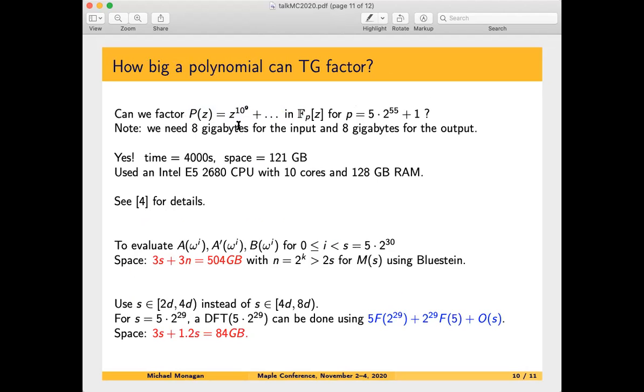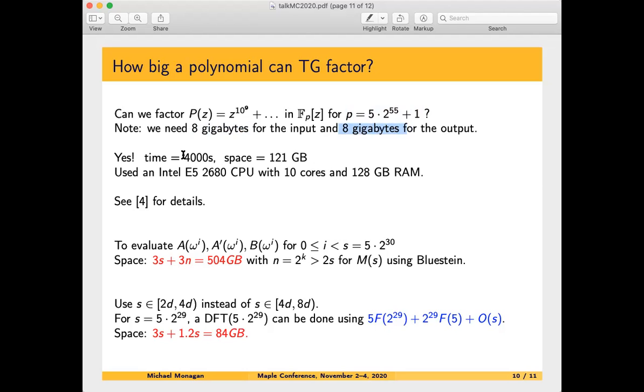And one of the difficulties is that it's going to need a lot of space. If we use 64-bit integers to represent the coefficients because of the size of the prime, 64 bits is 8 bytes. It's degree 1 billion. We will need 8 gigabytes just to store the input polynomial. We will need another 8 gigabytes for storing the roots. That's quite a bit of space.